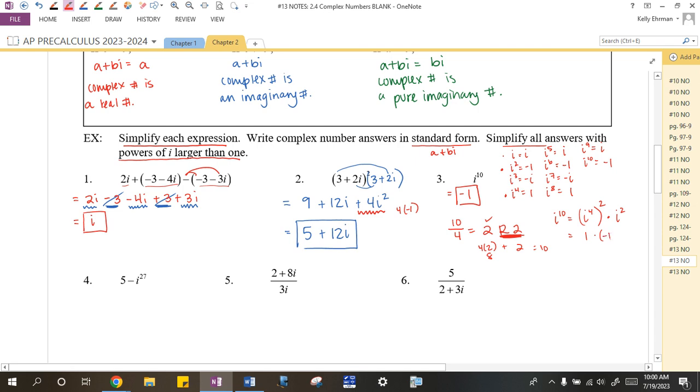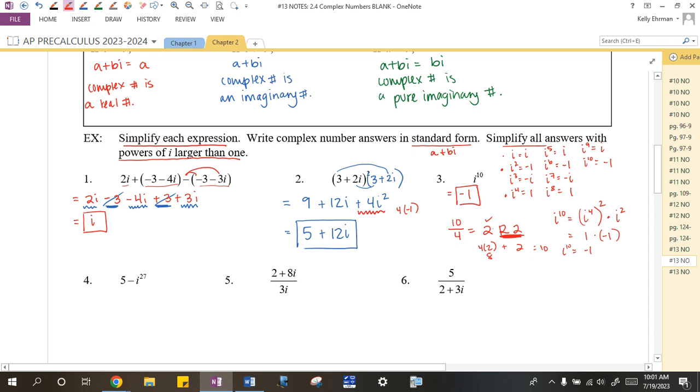Times i squared. So i to the 10th is negative 1. So that's why the division trick works. You're really saying, I'm going to rewrite this power as i to the fourth raised to a power, and then I will multiply in the extra little bit to bump it up to whatever I need it to get to. Shorthand, though, it's just divide your exponent by 4.